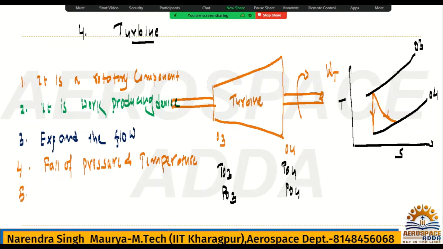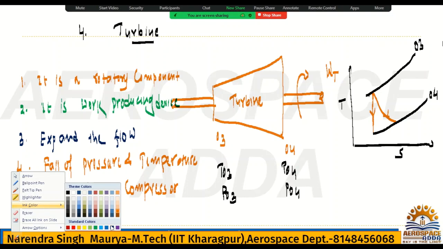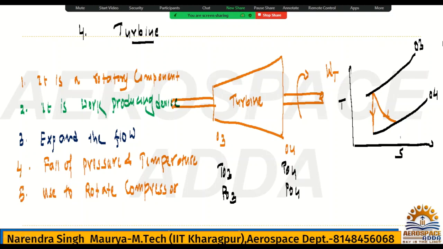What is the work of it? Used to rotate compressor. These are the few points for the turbine. Okay, in short I am saying, it will try to expand the flow.